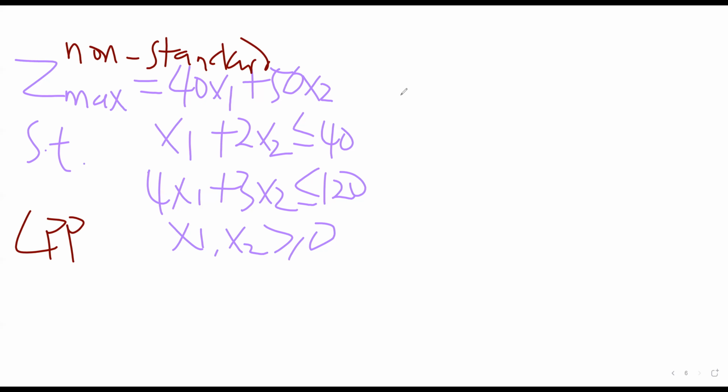The first one is that you will add the slacks to the objective function as zeros.